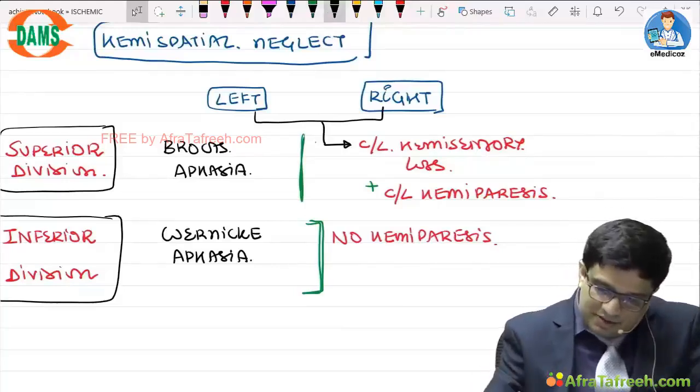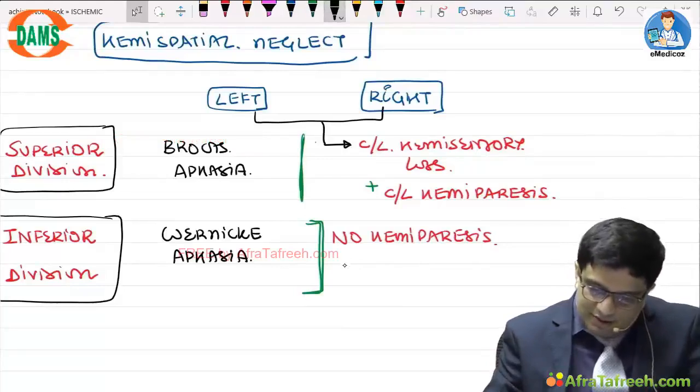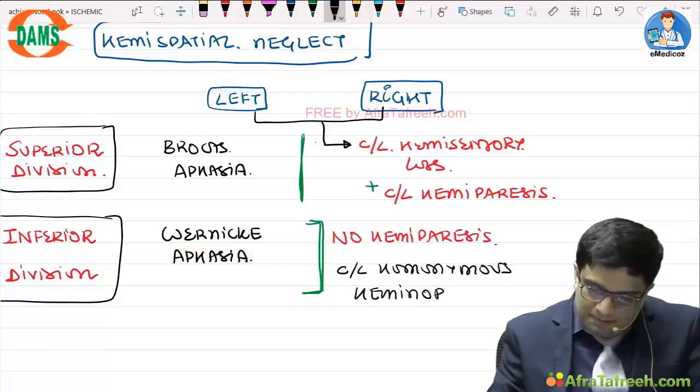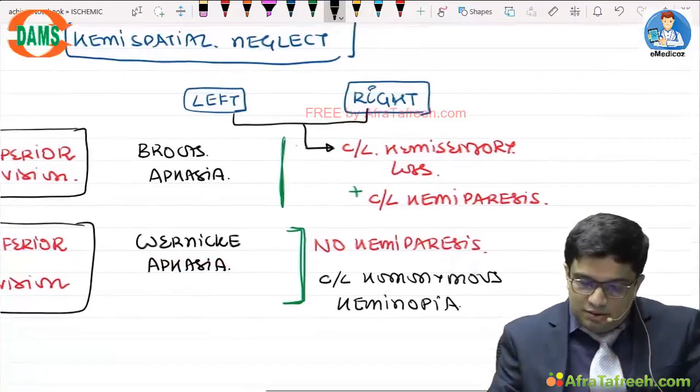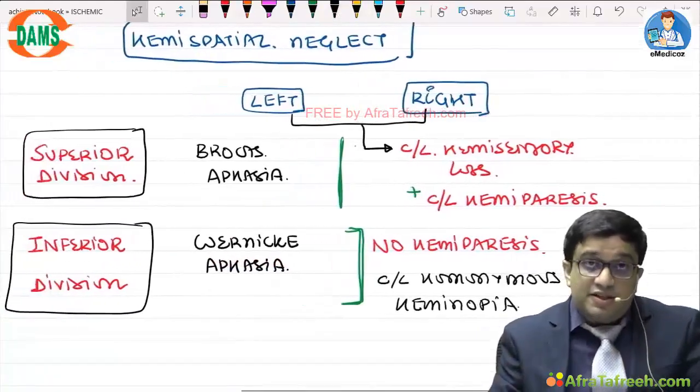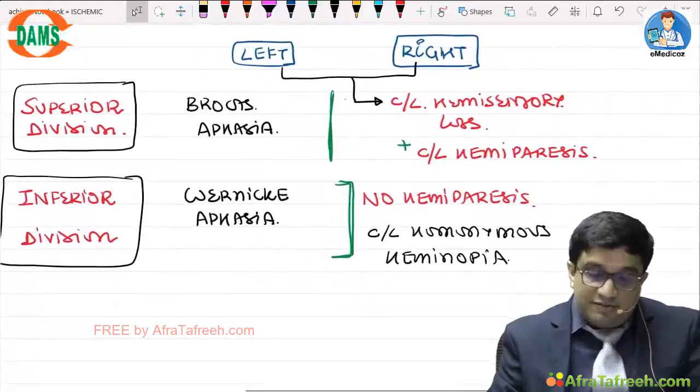So these patients are going to have no weakness, but contralateral homonymous hemianopia.